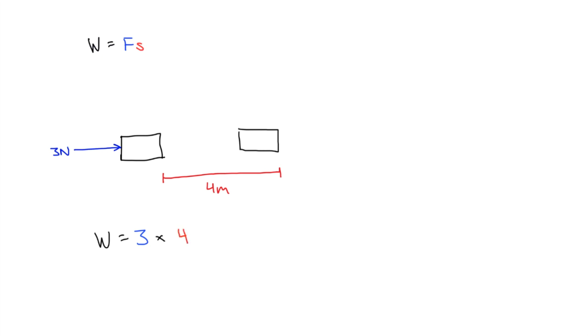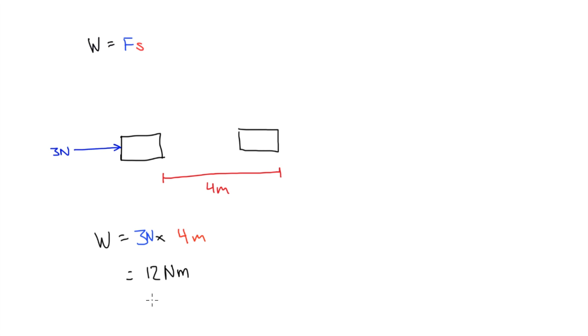Now if we add in our units, we get that it is equal to 12 Newton meters. Now we know that newtons is a measure of force, and force is mass times acceleration.